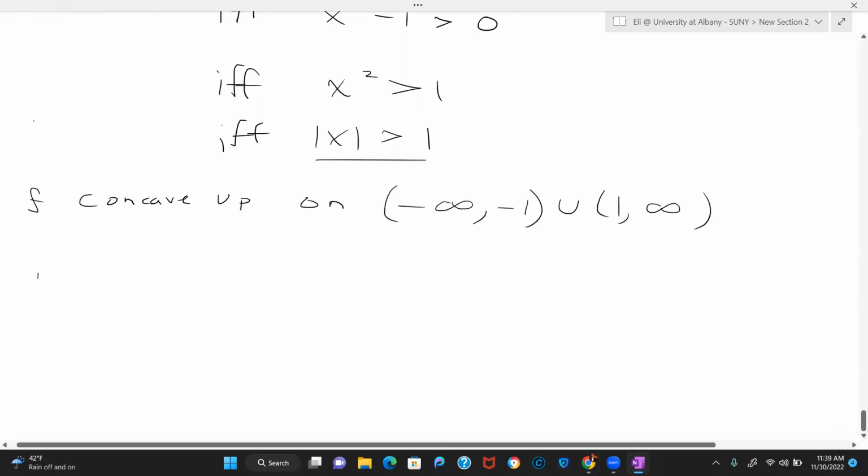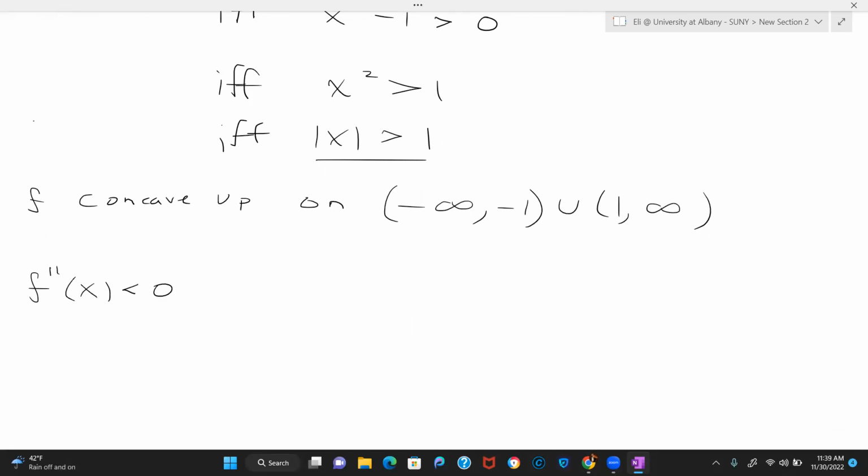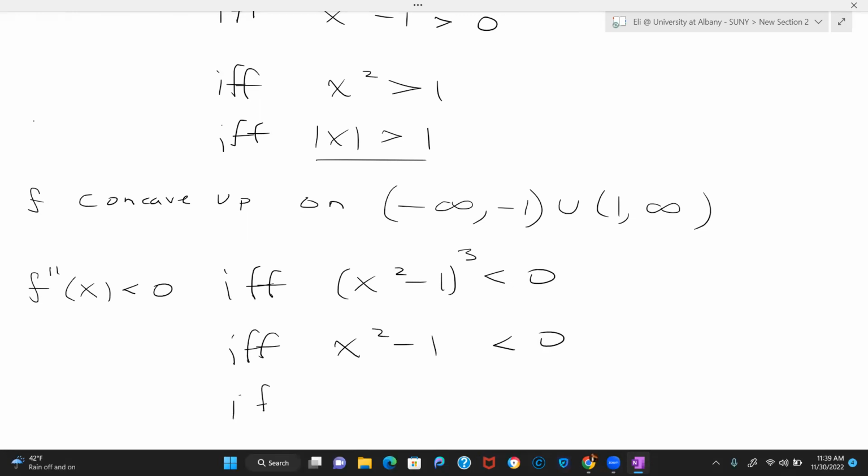All right, now concave down. Concave down is when the second derivative is negative, and this is negative if and only if the denominator is negative. Take the cube root and then add one to both sides.